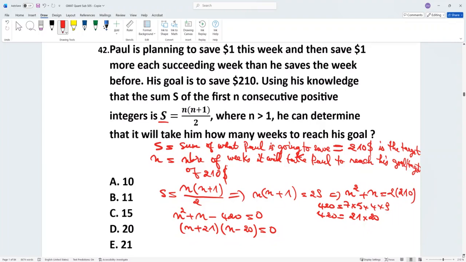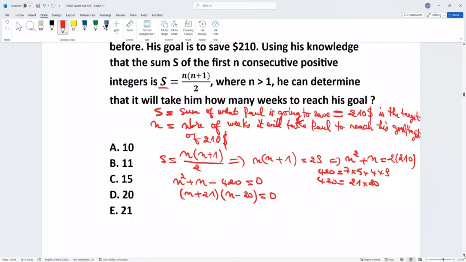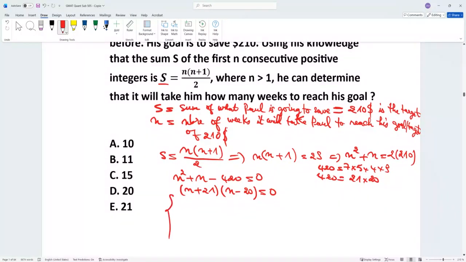Once we have that, we are going to have two values for n. n plus 21 can be 0, or n minus 20 can be 0. This will lead us to n equal to minus 21, or n equal to 20.